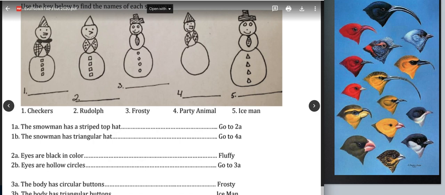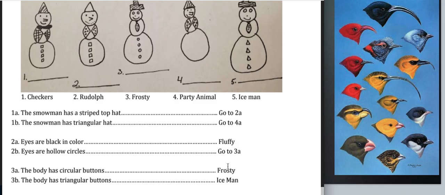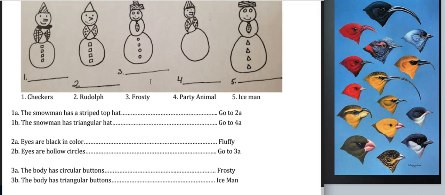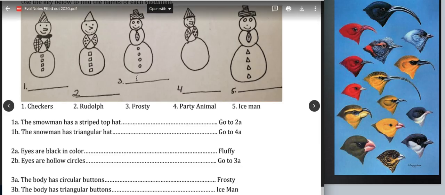Yeah, those look like hollow circles to me. So go to 3A. Does the body have circular buttons or triangular buttons? They're circular buttons. So this is Frosty the snowman. So Frosty the snowman, Rudolph the snowman, and Checkers the snowman.